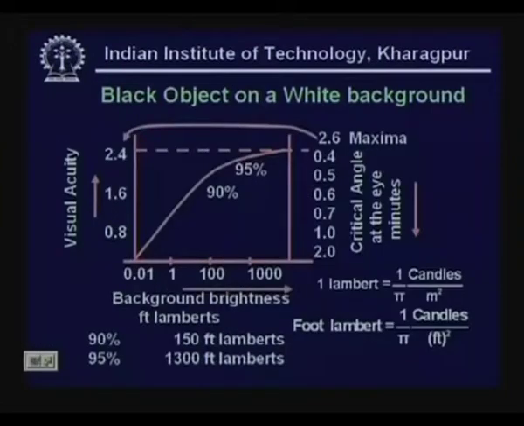Now, black object on a white background, you can see how the visual acuity varies with your background brightness. Background brightness is given in terms of foot lamberts. As can be seen, it is going from 0.01 to about 1000 foot lamberts. Recall, one lambert is 1 over pi candles per meter square.